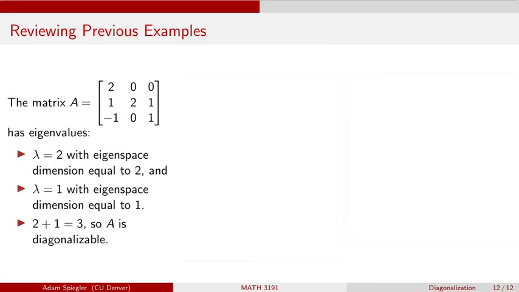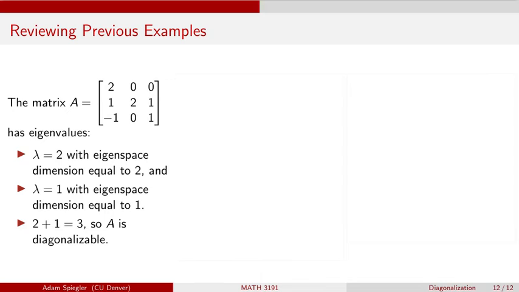Okay, so to summarize what we've discussed so far about diagonalizable matrices, let's take a look at some of the 3 by 3 examples we've been working with. So if you consider a 3 by 3 matrix A, we looked at this matrix which had first column 2, 1, -1, second column 0, 2, 0, third column 0, 1, 0.